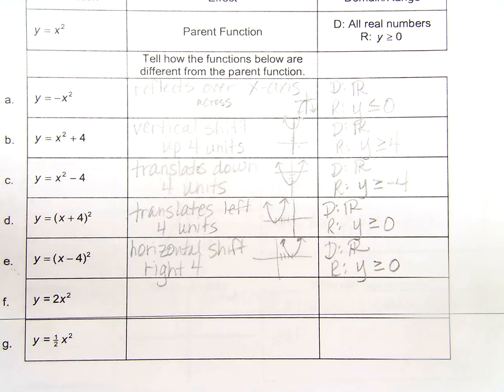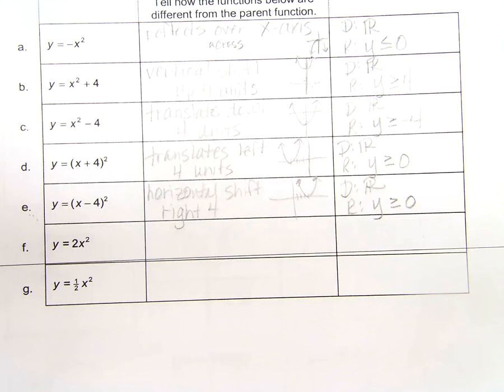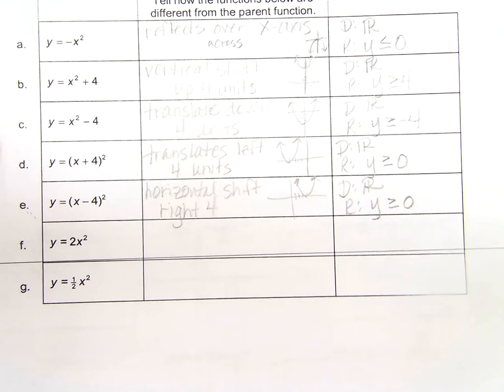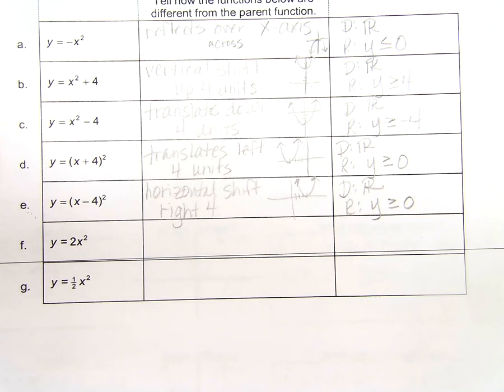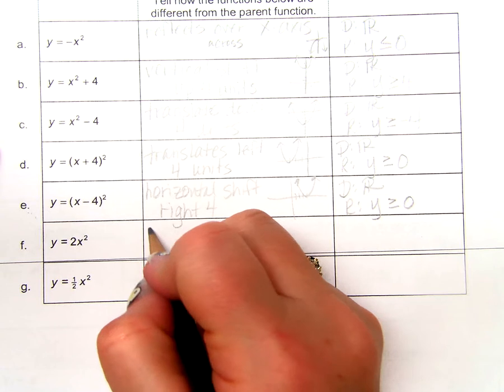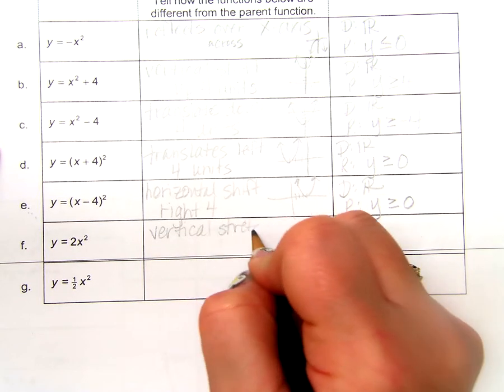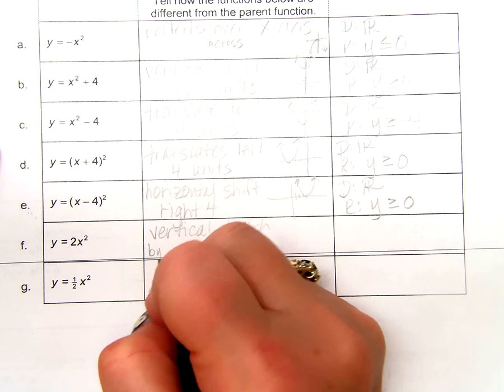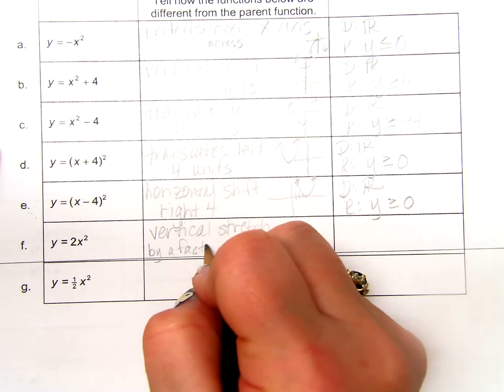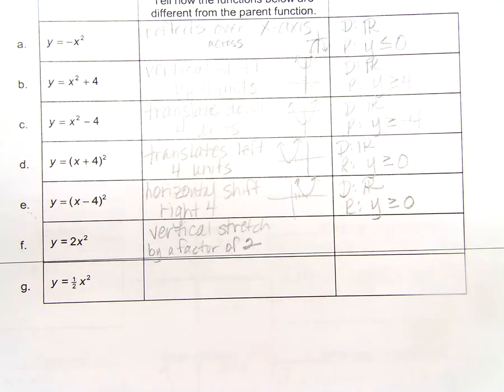So what about F? What happened to F? I need to get the balloon out again. It's a vertical stretch. By a factor of what? Very good.